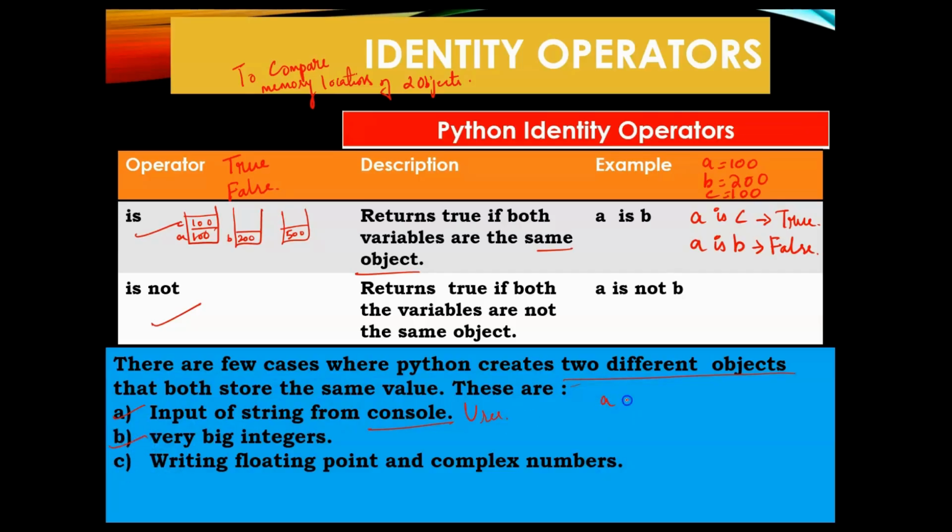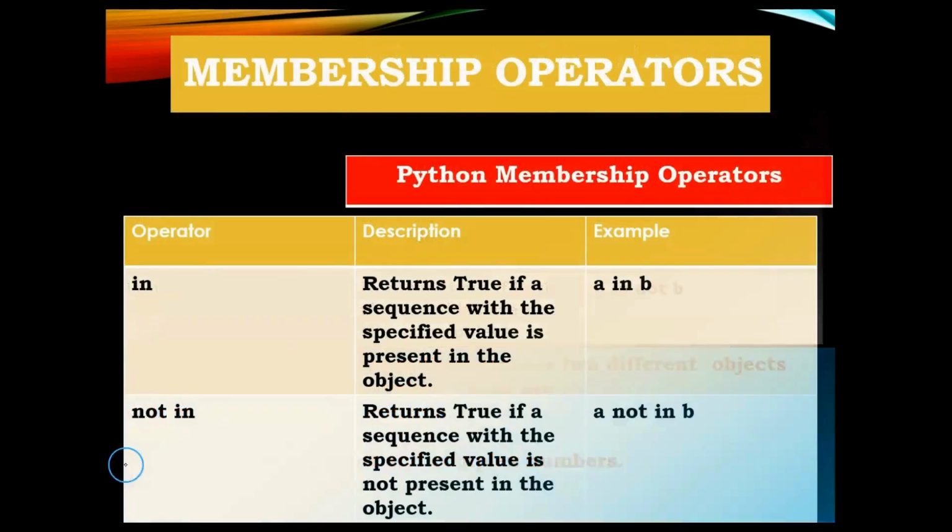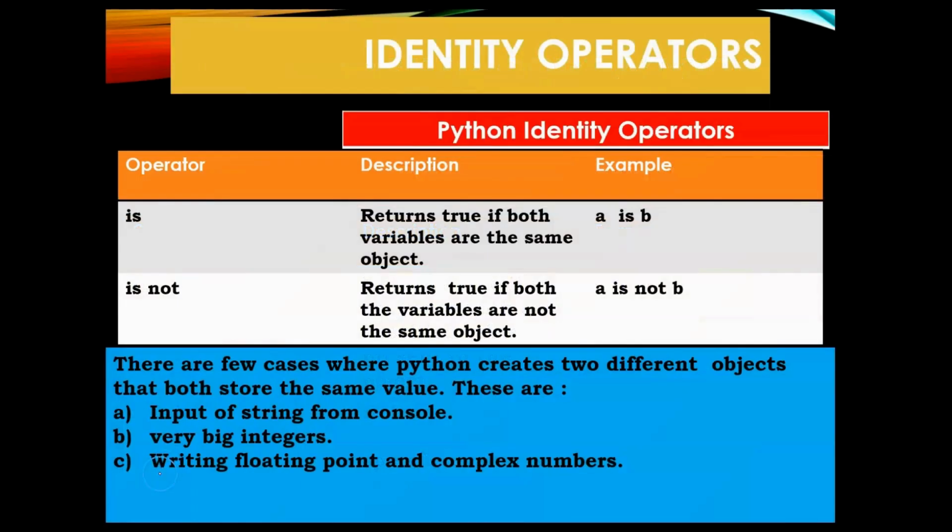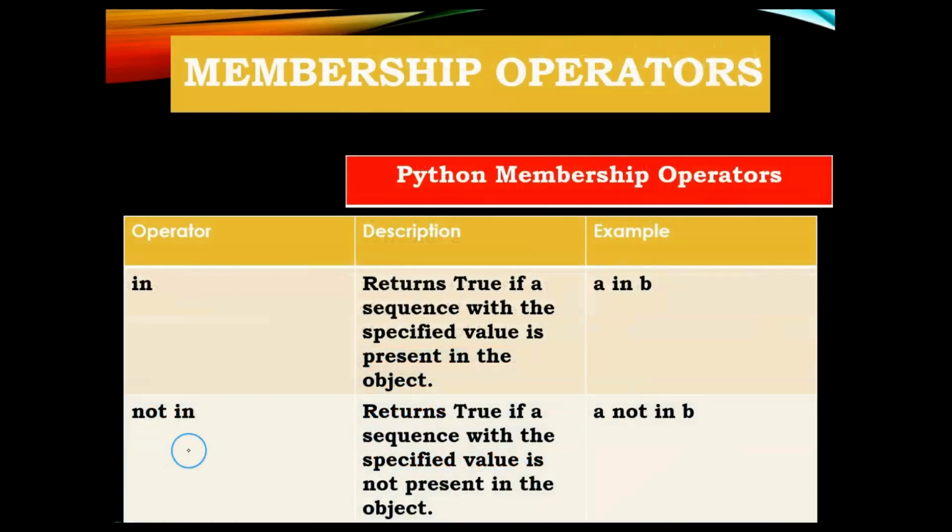For example, if I give 1, 2, 3, 4, 5, 9, 0, 1, 2 to A, and B is equal to the same number, then both are the same numbers, but as these are very big integers, they will be stored in separate memory locations.